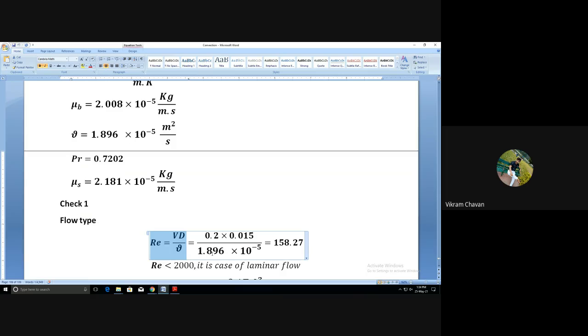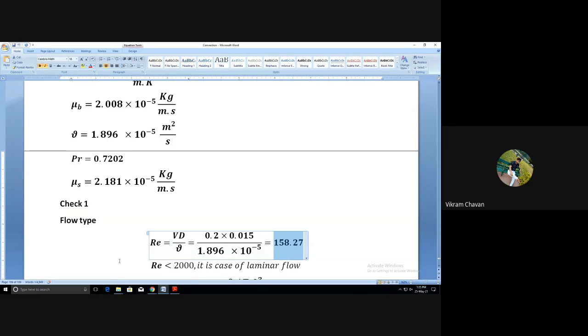So 0.2 is the velocity of the flow, multiplied by 0.015 as the diameter, and the whole divided by the kinematic viscosity, which is 1.896 multiplied by 10 raised to minus 5. So I'm getting 158.27. Please check whether you are getting the same value of the Reynolds number, or a different one. Please let me know.